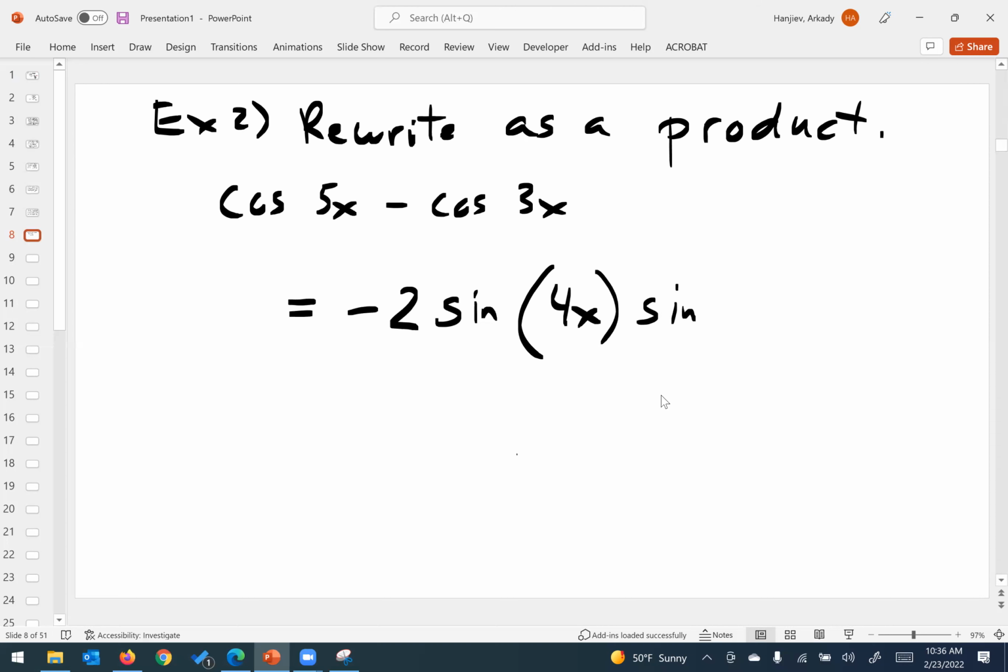Then it's also another sine, sine of the alpha minus beta over 2. Sorry, I flipped the two. This is going to be 5x minus 3x divided by 2. That's just sine of x.